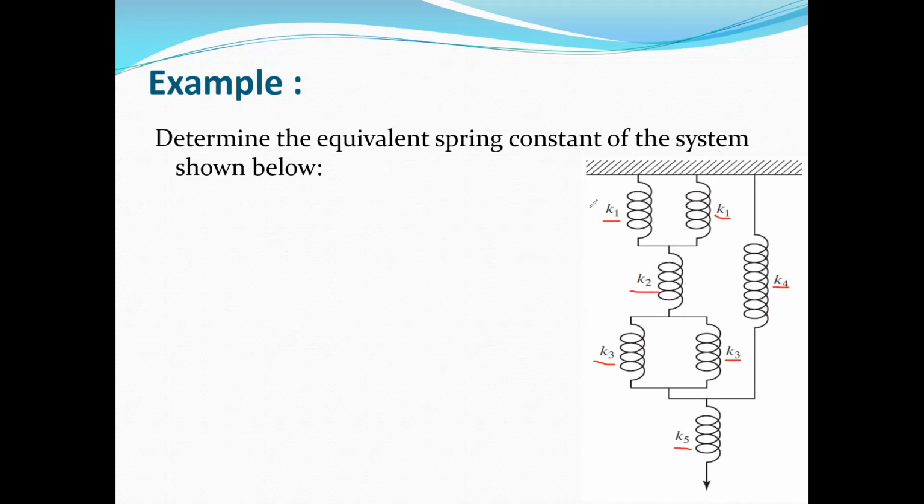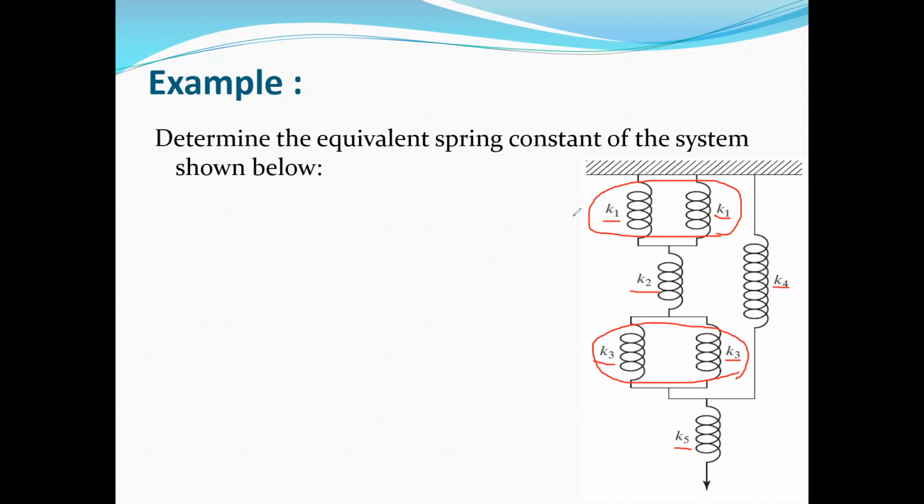For this system, first we can find an equivalent for these two springs. These are parallel, so the equivalent stiffness is equal to K1 plus K1, or 2K1. We have another equivalent here, which is K3 plus K3, equal to 2 times K3.